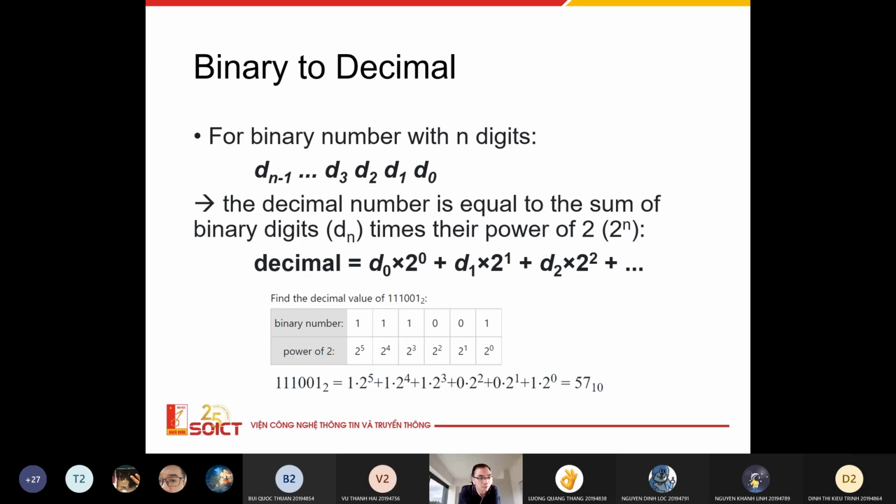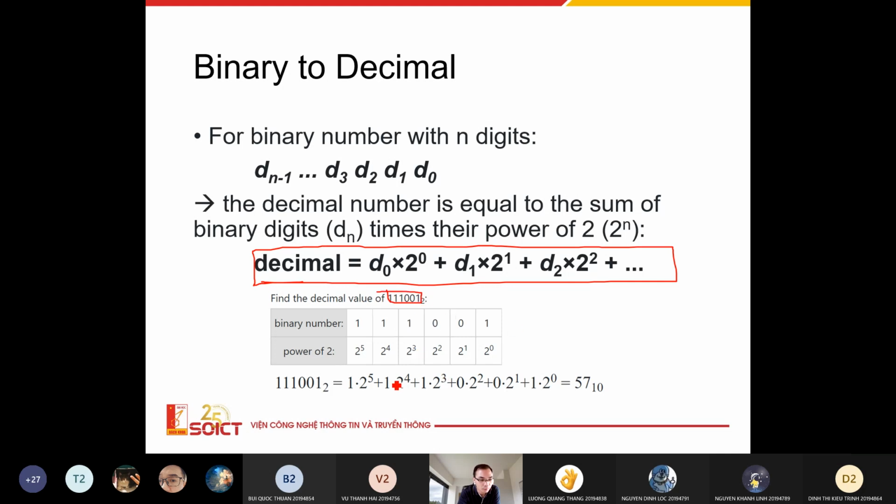If you want to convert a binary number to a decimal number, you just need to apply these equations. For example, you have the binary number like this.